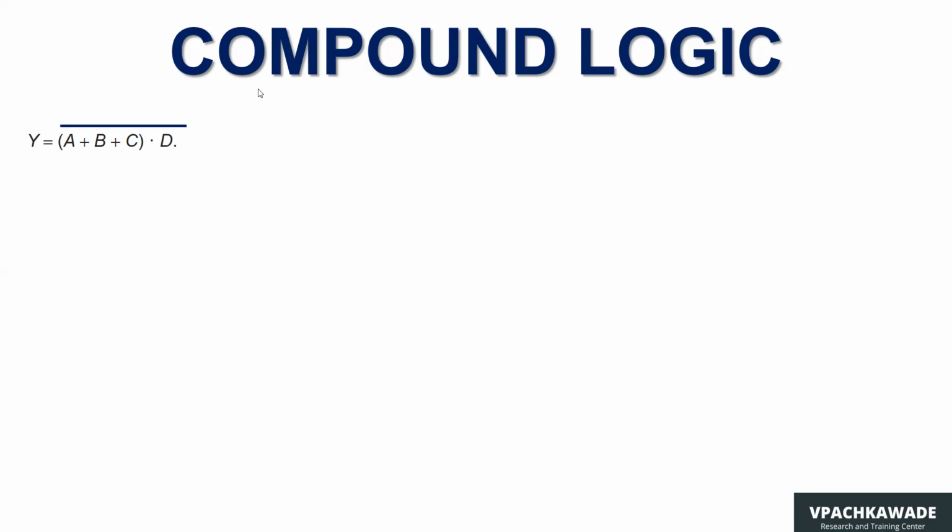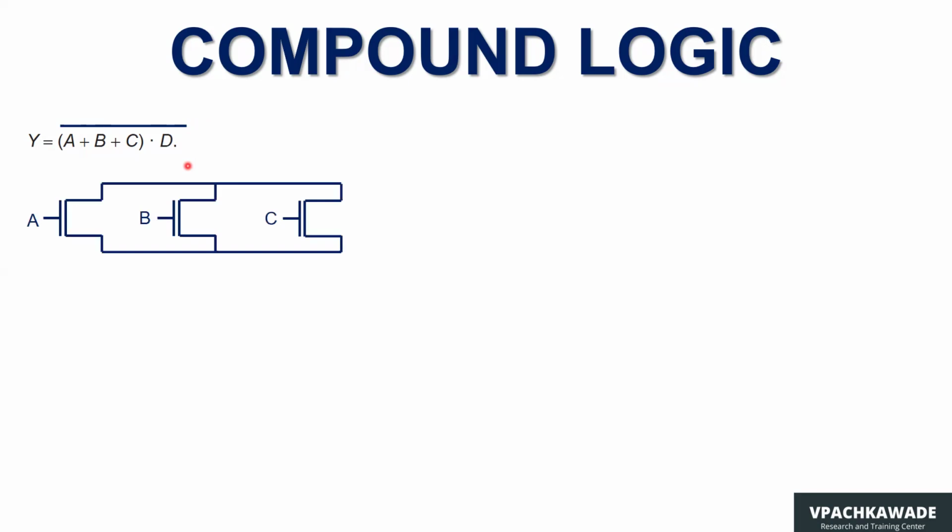Today we have a new expression, Y equals the complement of the whole expression, (A or B or C) and D. How we are going to implement this is what we are seeing today.